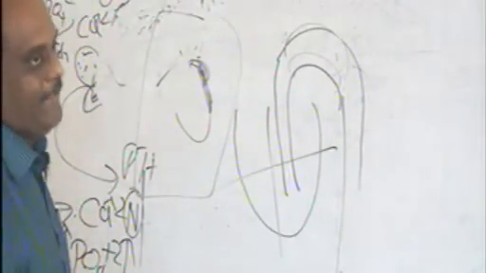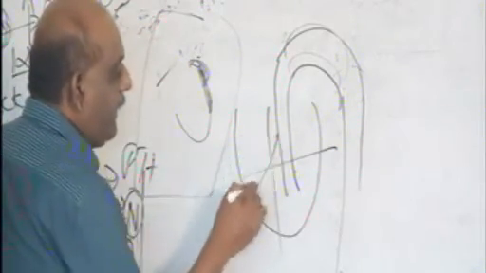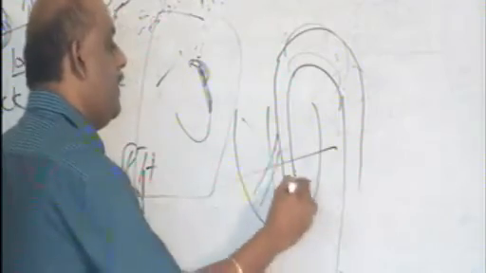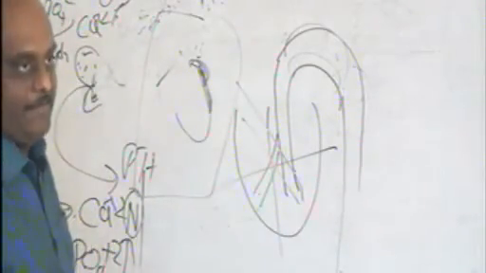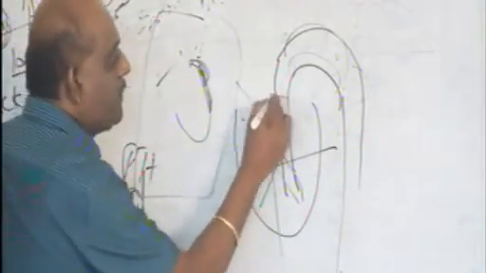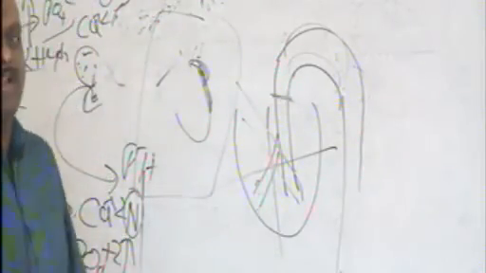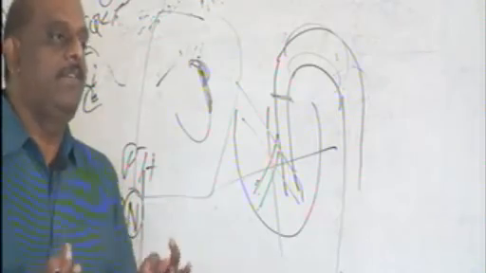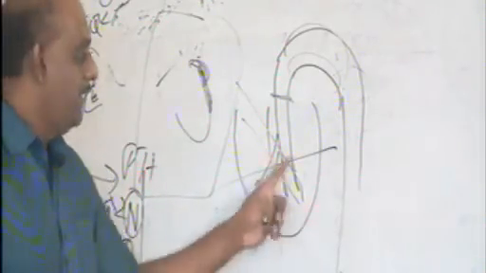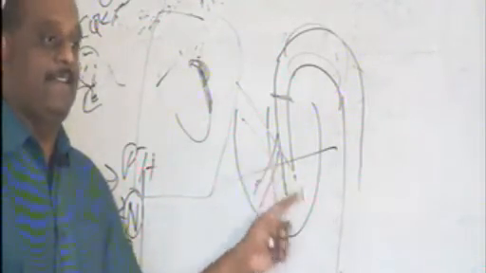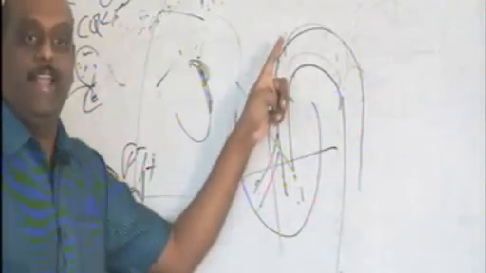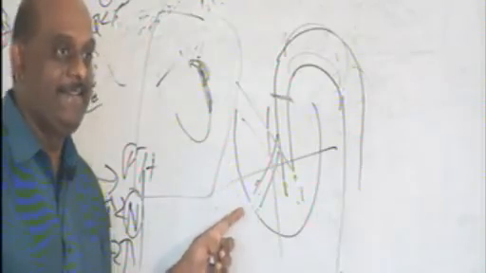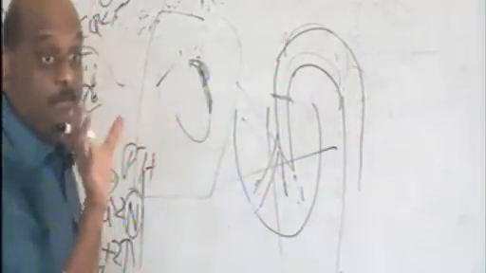In transposition of great vessels, what happens? The aorta opens into the right ventricle, and the pulmonary artery originates from the left ventricle. What kind of ventricle is the right ventricle? The right ventricle is like a loving, soft mom. The left ventricle is like a tough dad. So suddenly the aorta has gone from the tough dad to the soft mom's hands. So it won't show that bulge.